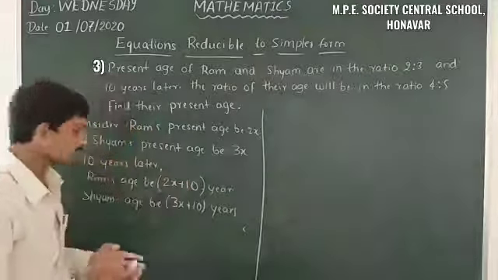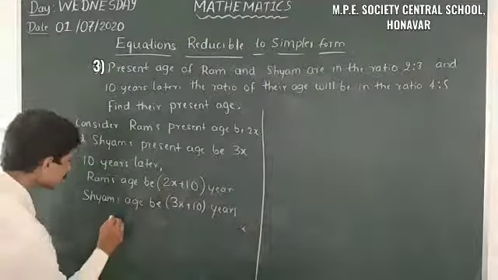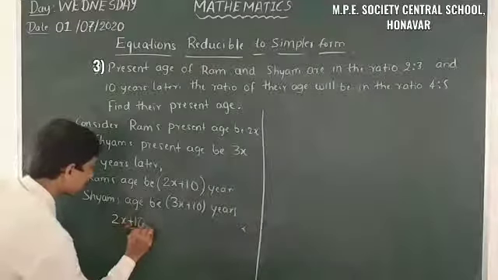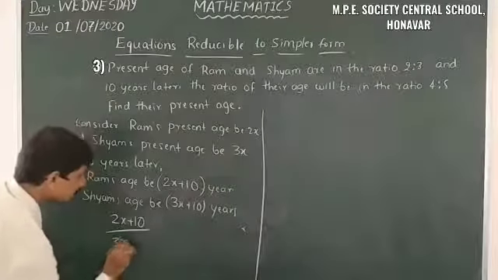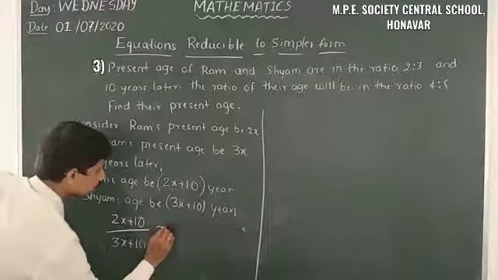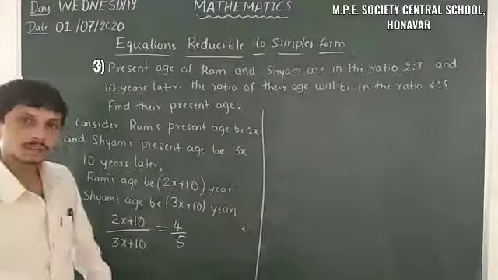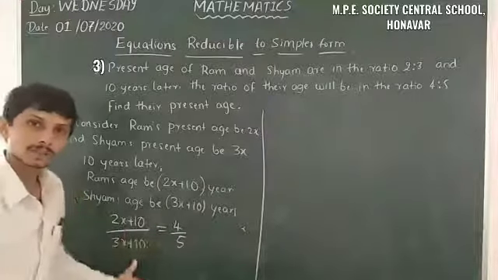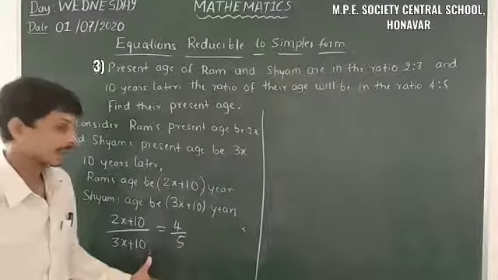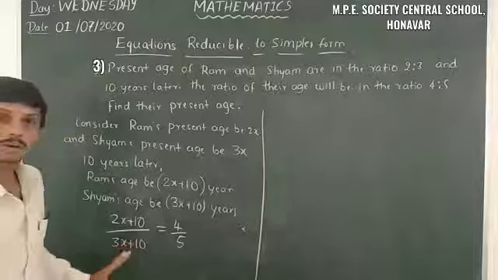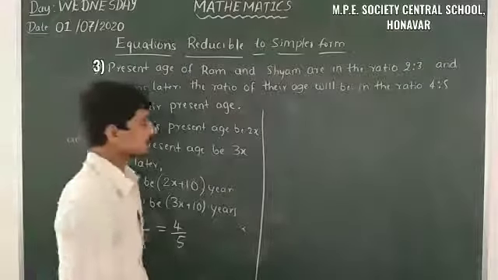So we have to write it in equation form, that is (2x + 10) divided by (3x + 10) is equal to 4 divided by 5. We have to solve this equation and then find the value of x. For that we cross multiply this equation.